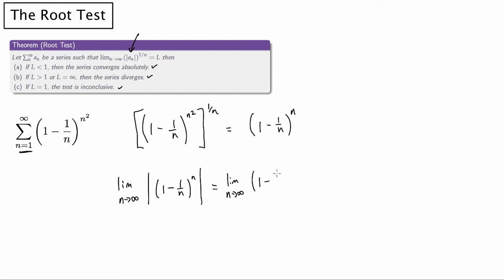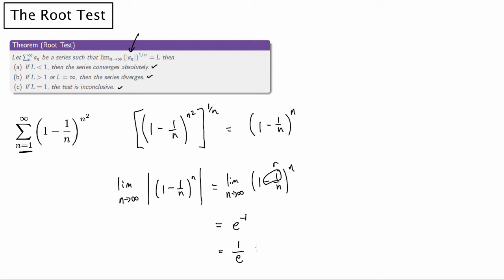And this limit is related to the exponential limit that we looked at previously. This limit turns out to be e to the negative 1. Remember, whatever this value is right here is the r value, and you get e raised to the r. So this is e to the negative 1, or 1 over e. And it turns out that this is about 1/3.